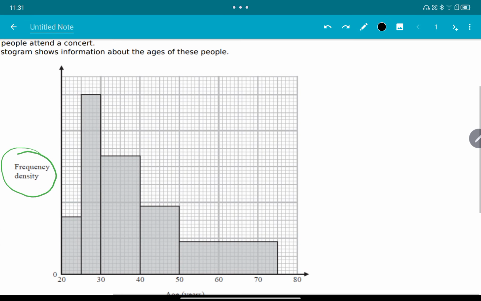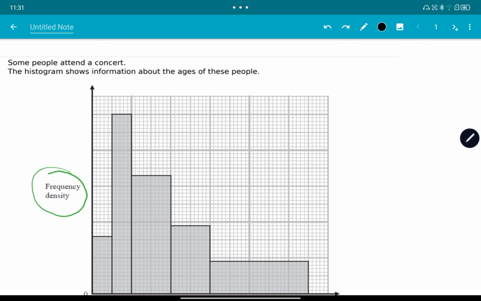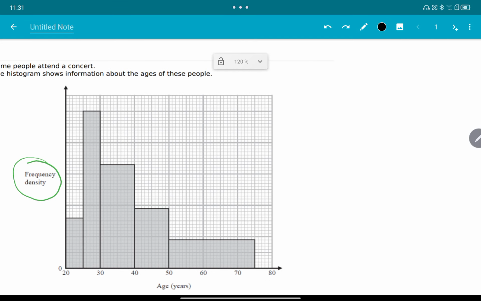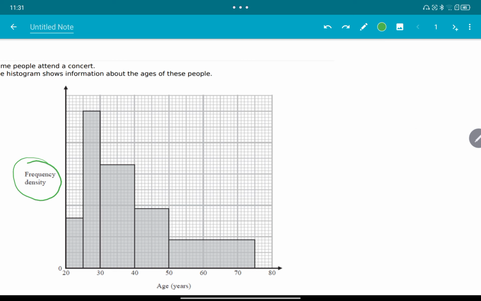So the first thing we'll do, even before we get to the question that is here, we need to get the percentage. The first thing we need is the total frequency for all the information here. Applying whatever we just said, we get the area of each bar: this is the first one, the second, the third, the fourth, the fifth.